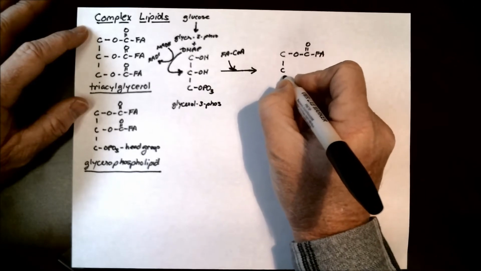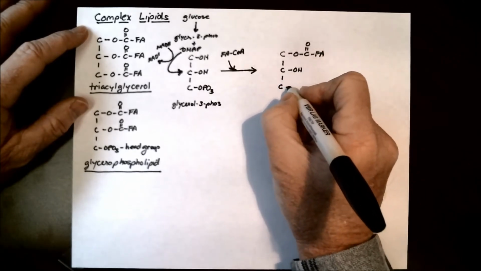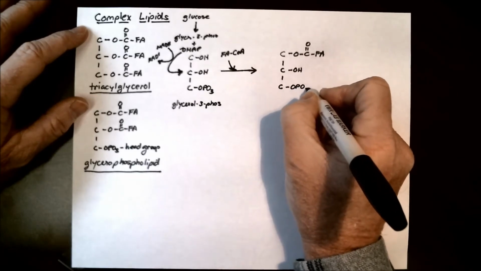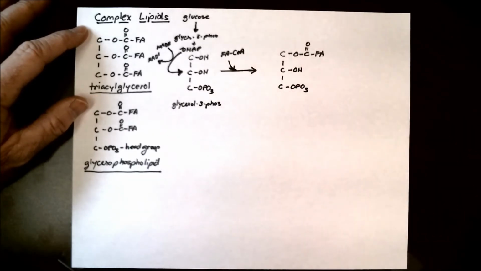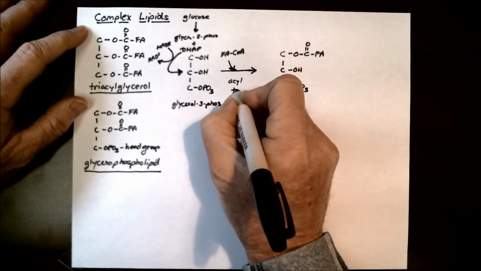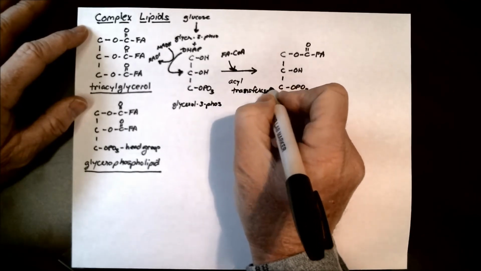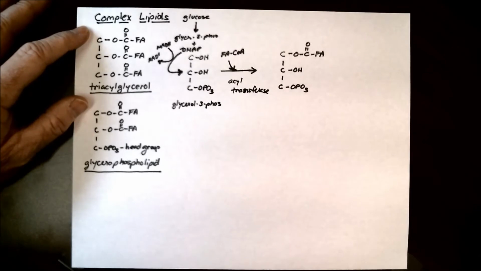So the first step of this reaction is going to add the fatty acid onto the glycerol backbone to give us our monoglyceride structure. And this is an acyl transferase enzyme, fatty acyl transferase enzyme.